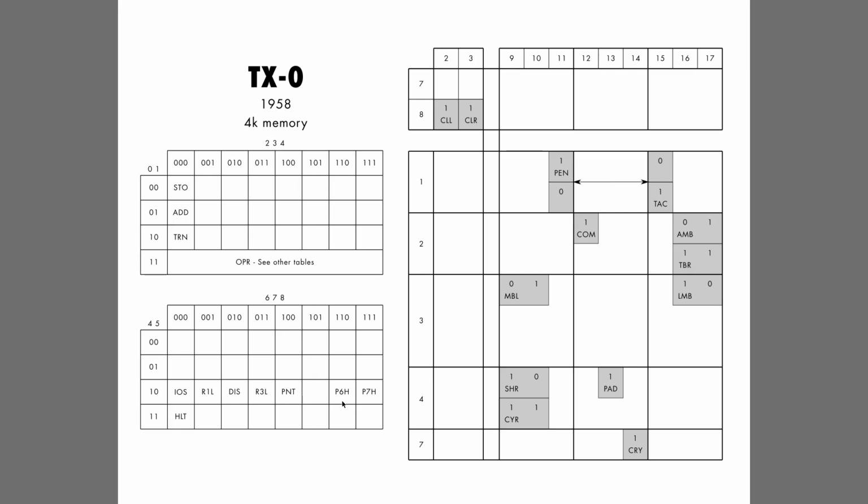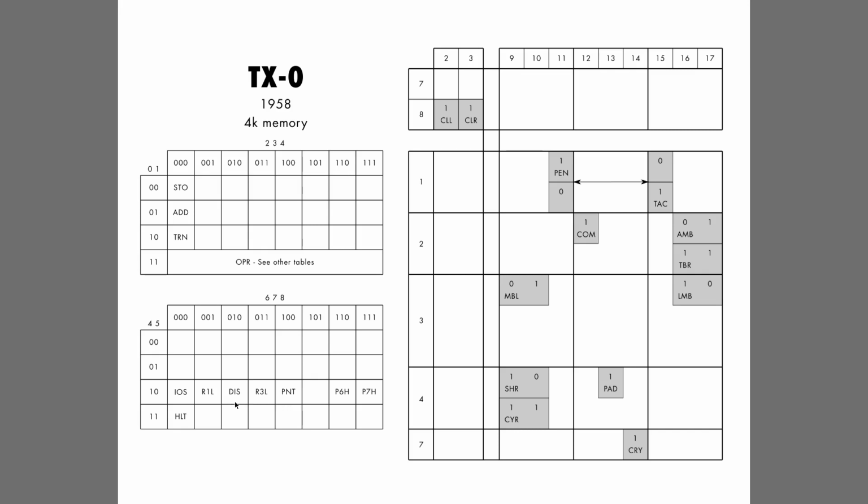Next we have the paper tape punch, and these operations will punch 6 bits of the accumulator on paper tape. And you can choose whether you also want to punch the 7th hole or not, depending on the instruction. Then we have the print instruction, which prints a character encoded in the accumulator on the flexowriter.